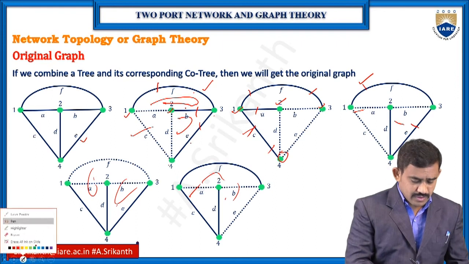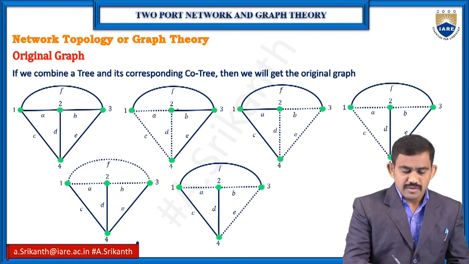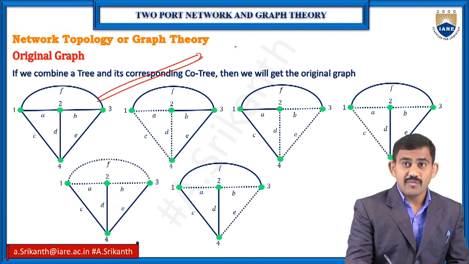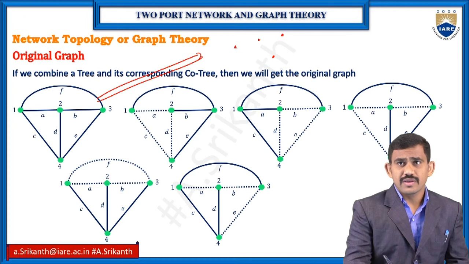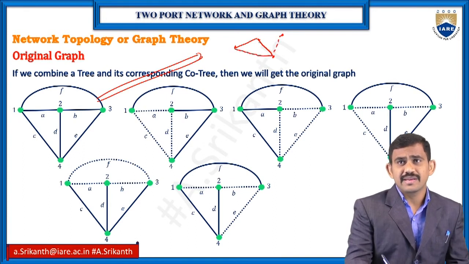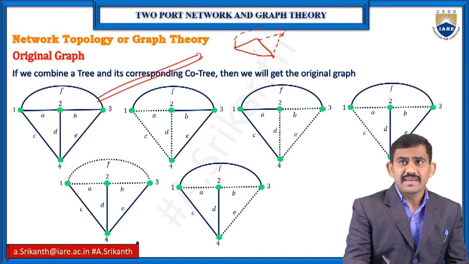If suppose from this graph I want to draw the tree, here 1, 2, 3, 4 nodes. So if suppose I want to select the A branch and D branch and C branch, and the remaining are my co-trees. If suppose, then it's not connected to this node.